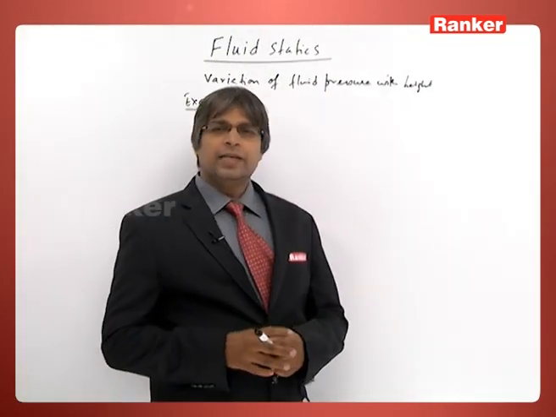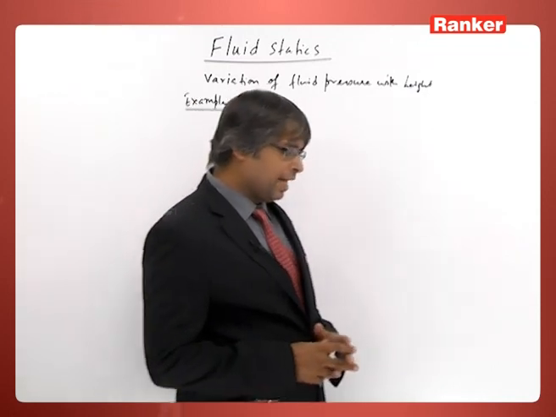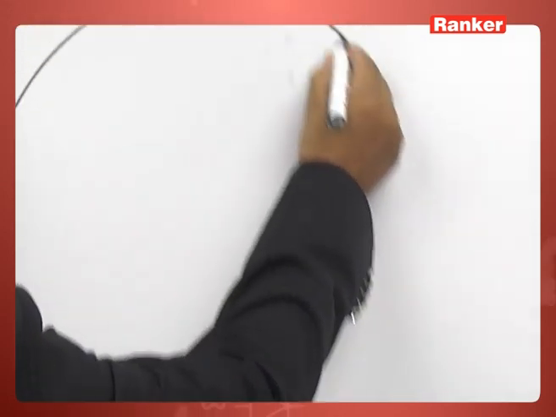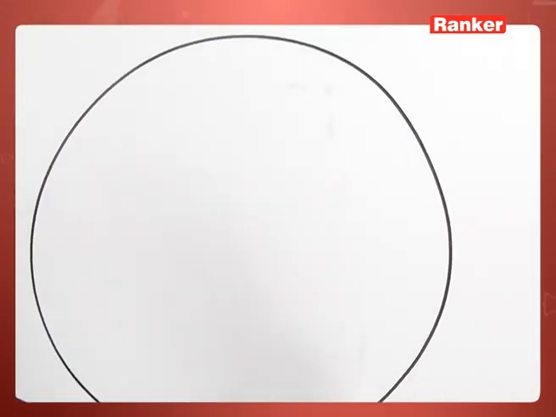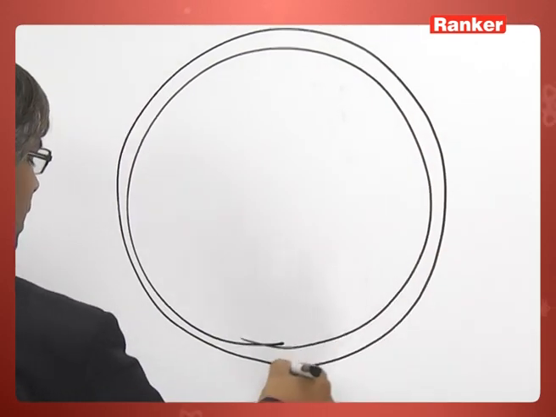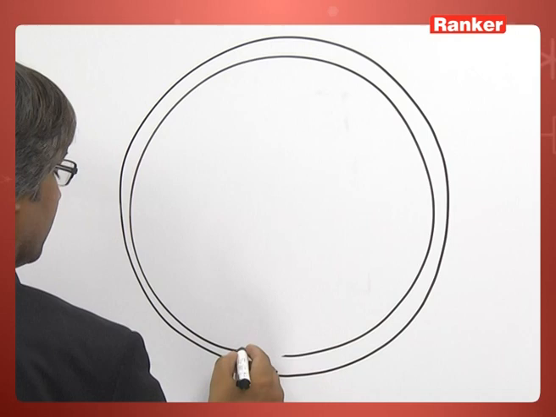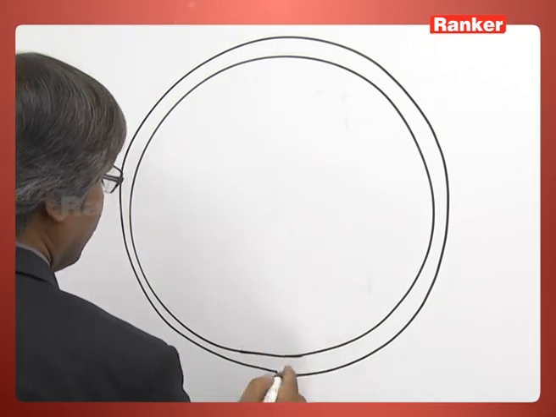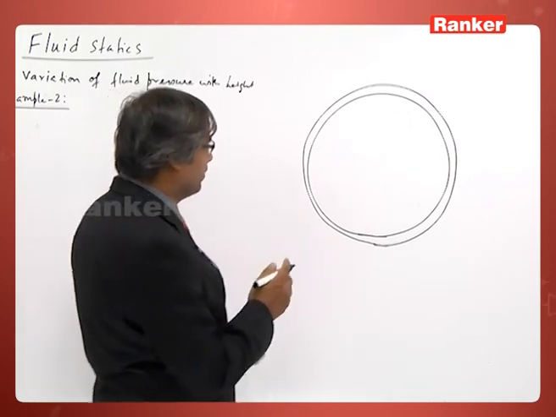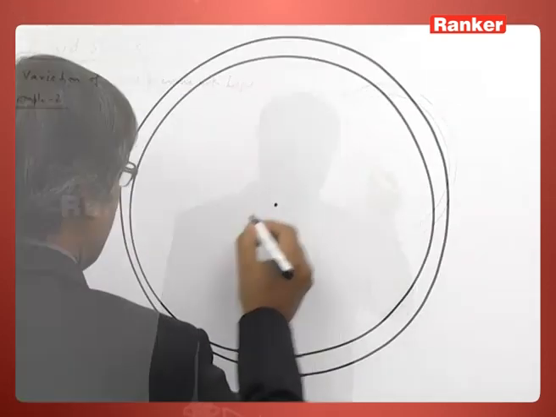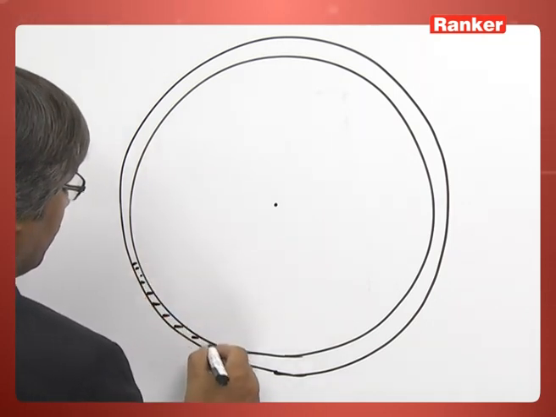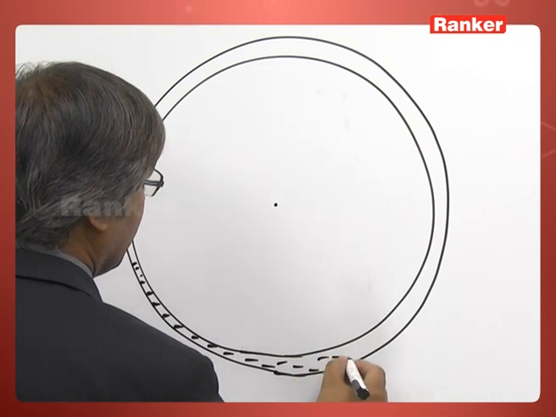So, now let us come to example 2, where we have a circular tube. We have a circular tube here, and you see this time I have two liquids, again immiscible liquids of equal volume, and they are covering half of this circle.